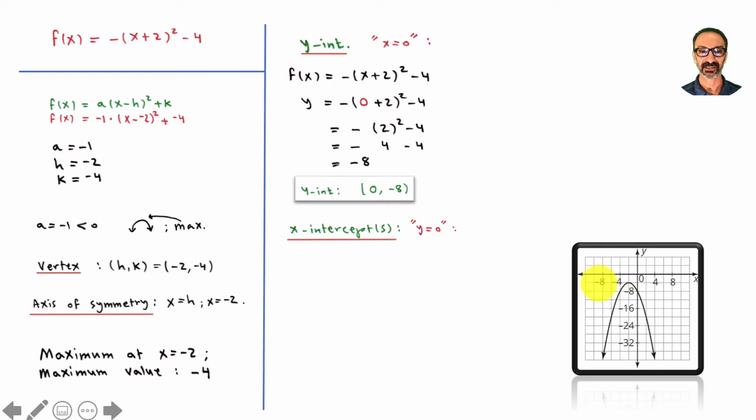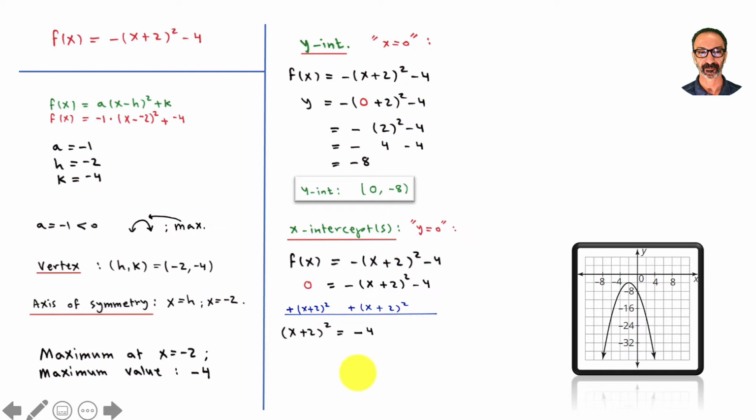To find the x-intercepts, which the graph doesn't show any, we're going to set y equals 0. To set y equals 0 and try to solve algebraically, look what happens. By moving this to the left or adding x plus 2 to the second, this will cancel. Instead of getting rid of -4, I moved this to make it positive.